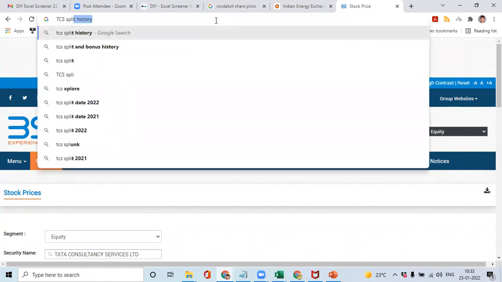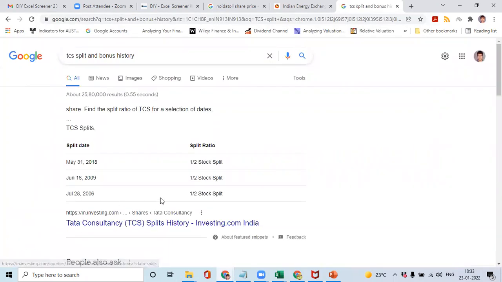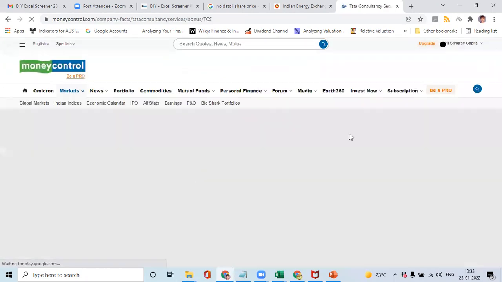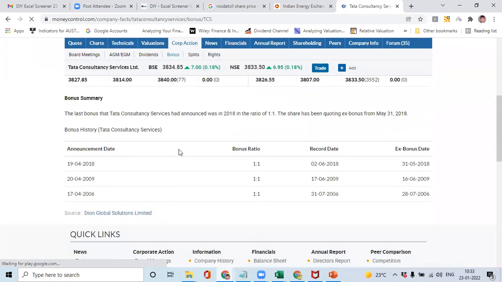So TCS split and bonus history. Money control or Economic Times or whatever gives this data here. So apparently the company announced a bonus of 1:1 in April 2018.